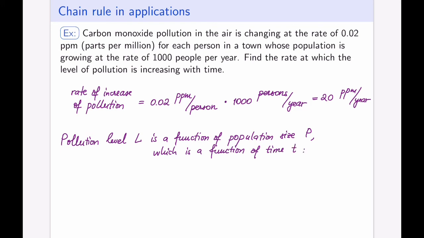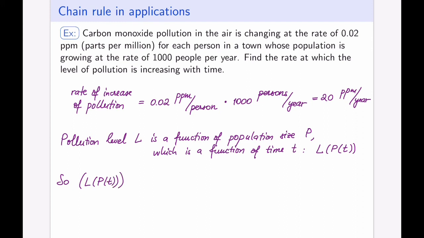So overall, we have that my pollution level L is a function of population size, which is a function of time. And this is my composite function here. So if I'm interested in the rate of increase of pollution, that of course means that I'm interested in the derivative of the pollution. So I am interested in the derivative of this function that I have just built up.